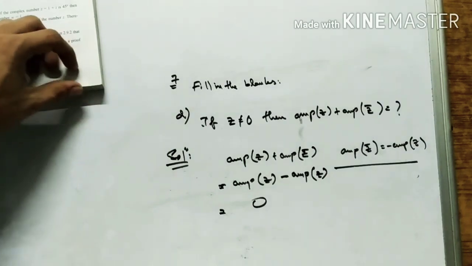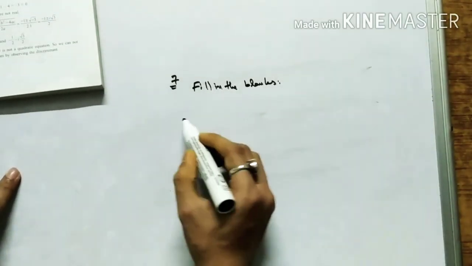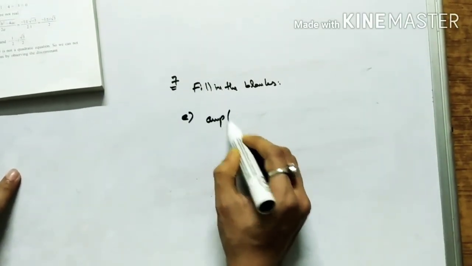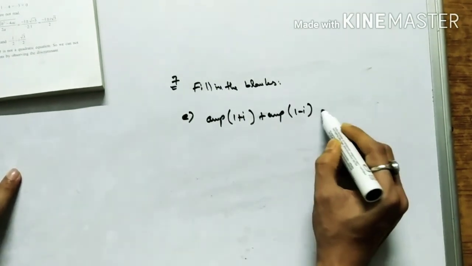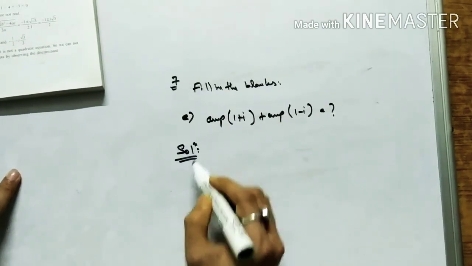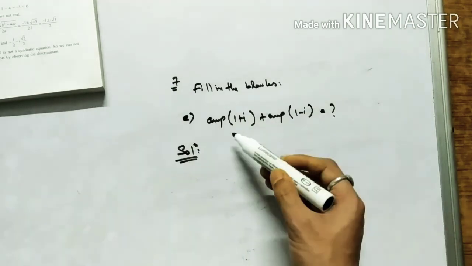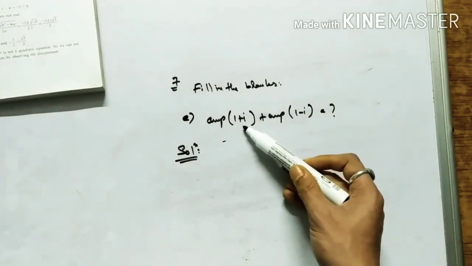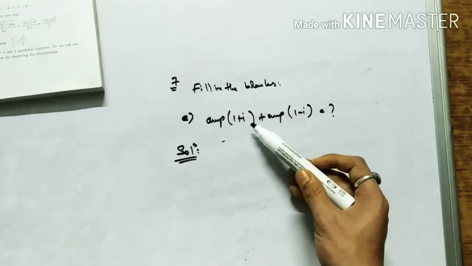And then the last one, part E: amplitude of 1 plus i plus amplitude of 1 minus i. Here 1 minus i is the conjugate of 1 plus i.